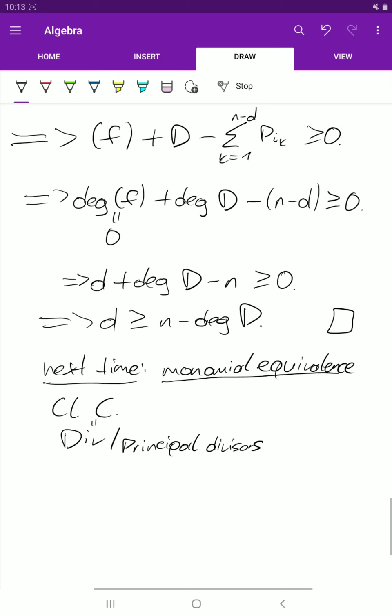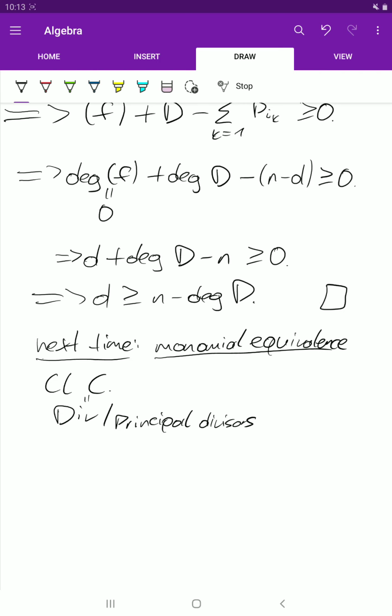So that means that we don't have to care about divisors, but just the equivalence class of divisors. Okay, that's it for today.